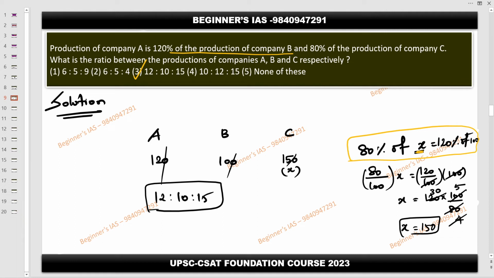Then cross multiply this 100 here, then 80 will go to the denominator. Then obviously it is 5 by 4. Then 4 and 120 cancel, therefore 30. 30 into 5 is 150. Understood? Clear?